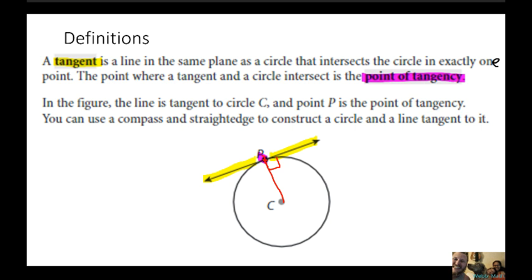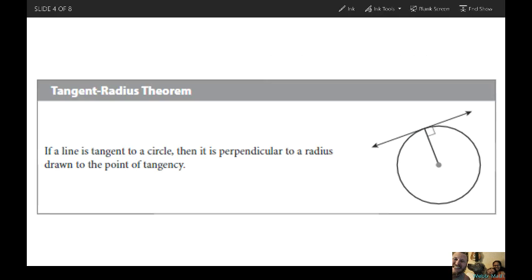That idea is the tangent radius theorem. If a line is tangent to a circle, then it is perpendicular to a radius drawn to the point of tangency. So that's what I was mentioning earlier after I went across the tangent and the point of tangency. And it's always like that on a tangent.